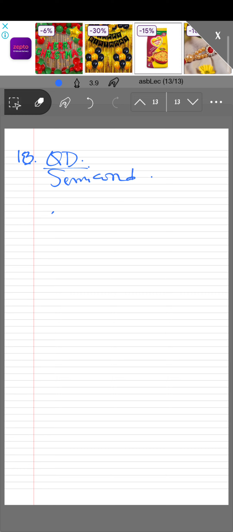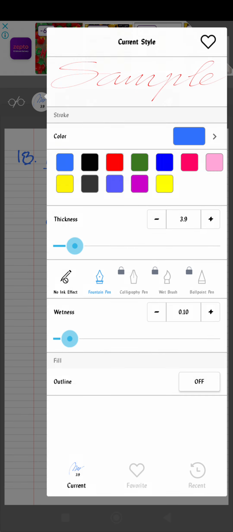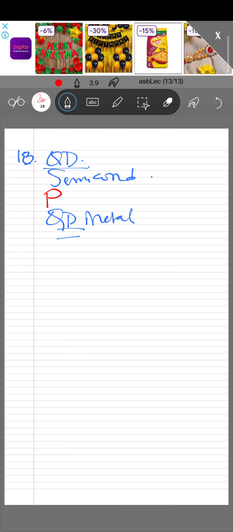If you make a quantum dot of metal, it may not be that feasible simply because it will have a Bohr exciton radius which will not be compatible.